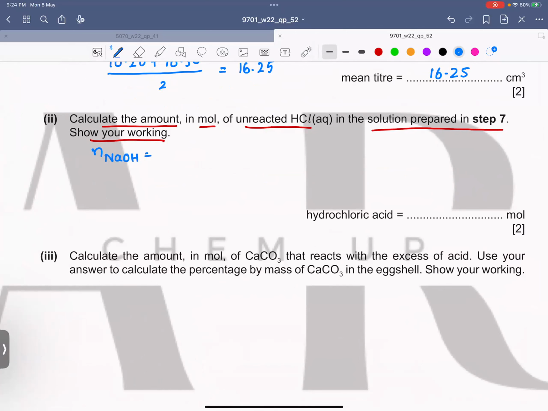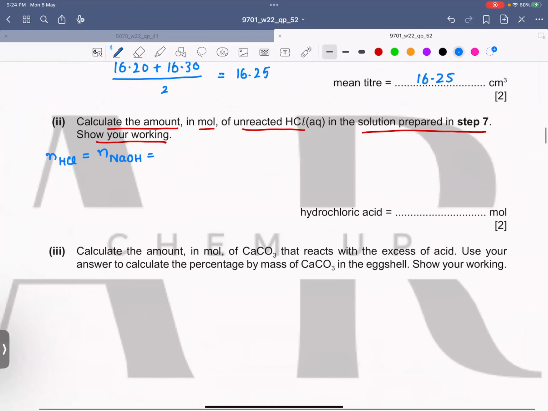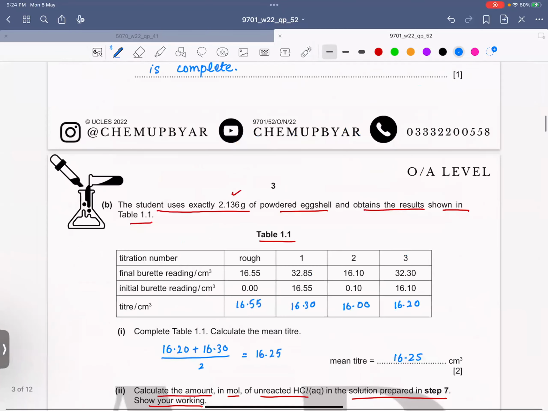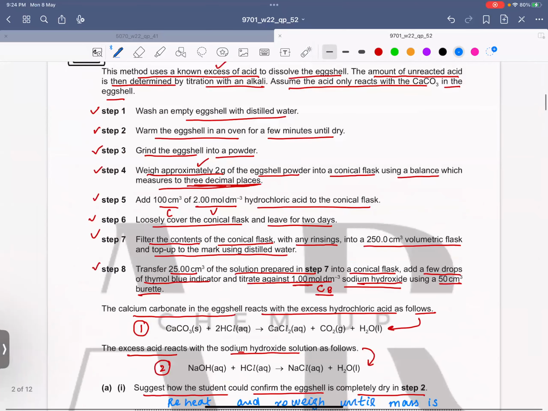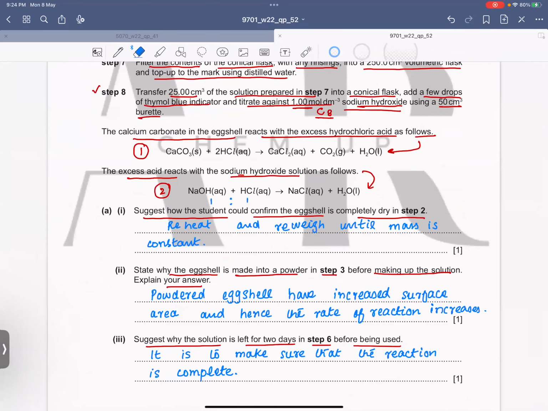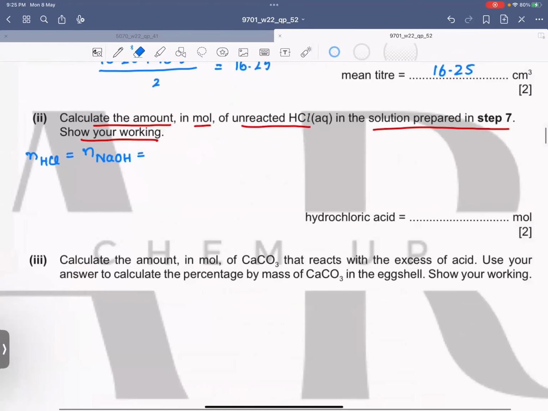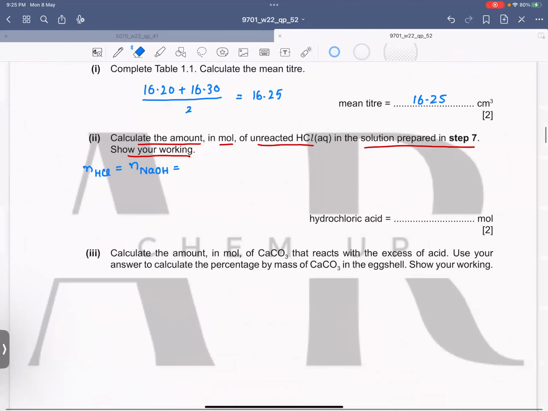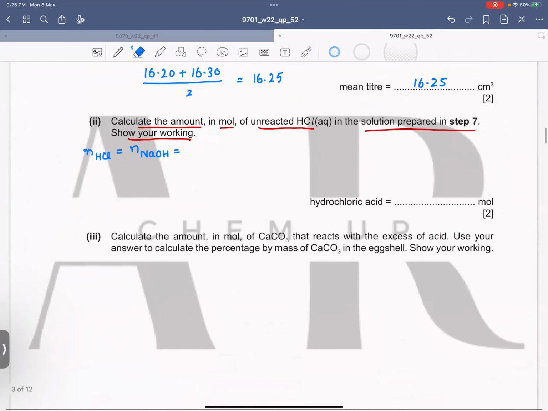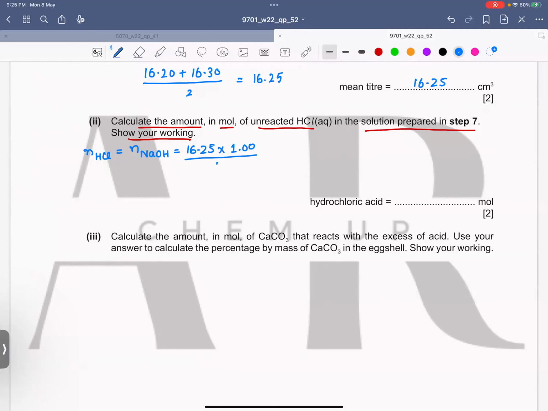And let me tell you, if you recall, the moles of hydrochloric acid would be the same as well, because over here their mole ratio is 1:1, right? If their mole ratio is 1:1, then the moles of hydrochloric acid would be the same as the moles of sodium hydroxide. So the moles of sodium hydroxide would be determined by multiplying the volume times concentration, and this volume must be in decimeter cube, so I have to divide it by 1000.